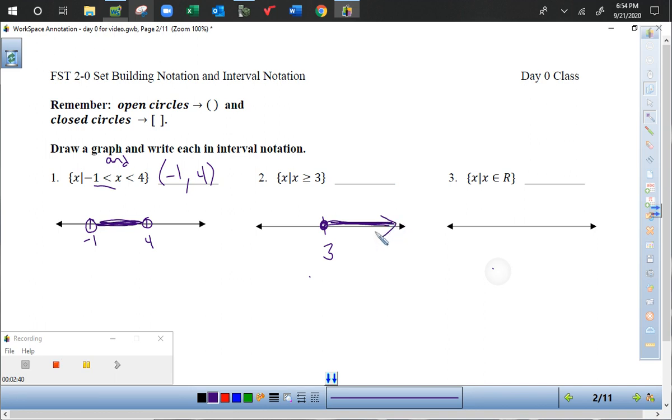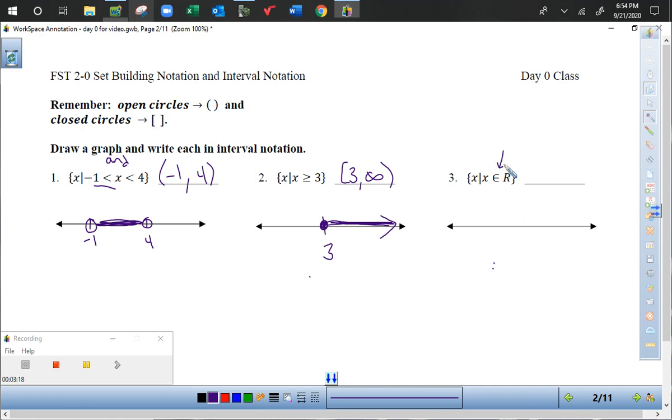Anytime an arrow is involved, we're going to include infinity or negative infinity based on where we are on the number line. So here, our low number on the left is 3, comma, high number, it's headed towards positive infinity. With infinity, since we can't actually reach that, it will always get a parenthesis. But with our closed dot here, we're going to put this square bracket to say that 3 is part of our solution set.